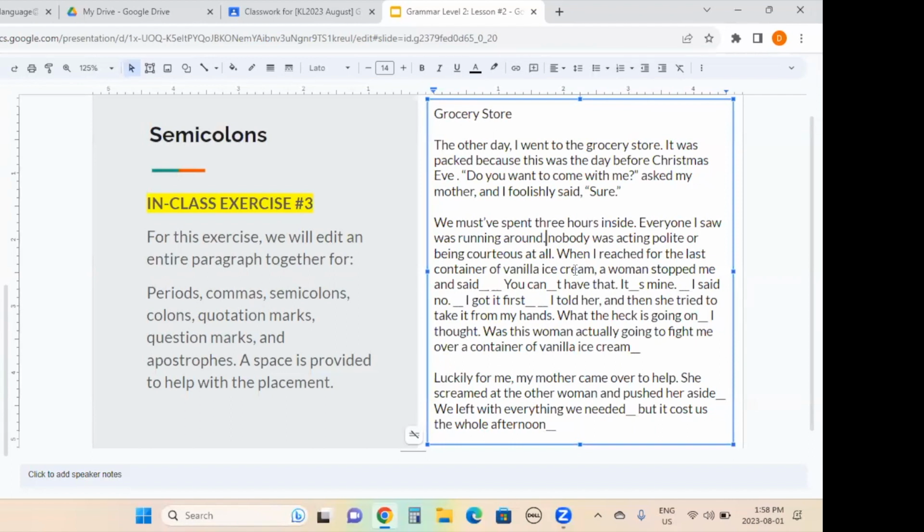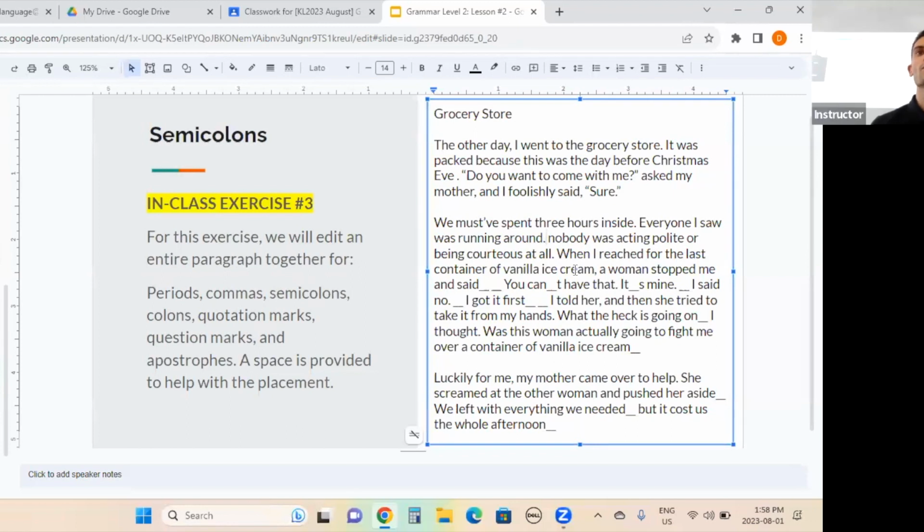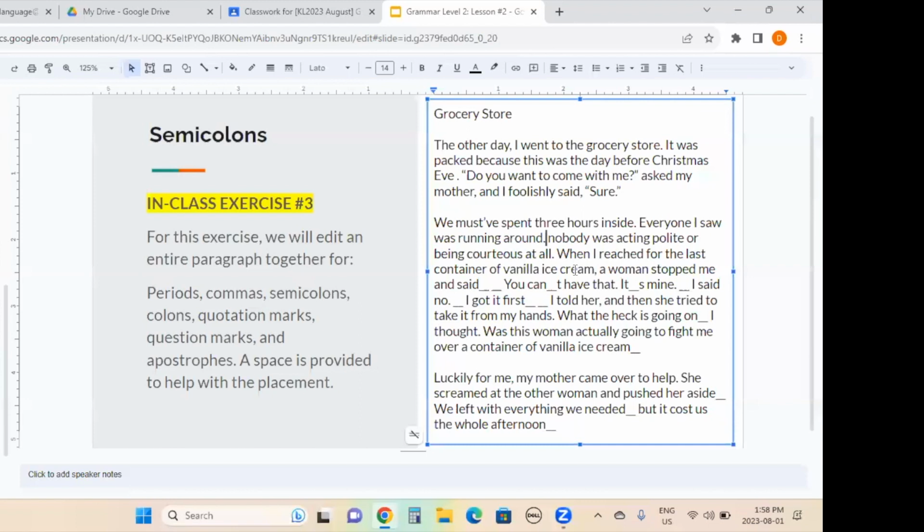Okay. Yeah, we can put a capital there. What's the other mark we could put down? If that has to stay a lowercase, we could end this with a period, or if we want to join that sentence. Sorry, Nicole, you'll have to speak up a little bit. Oh, it's Kaden. This was the mark that we just did. Semicolons.